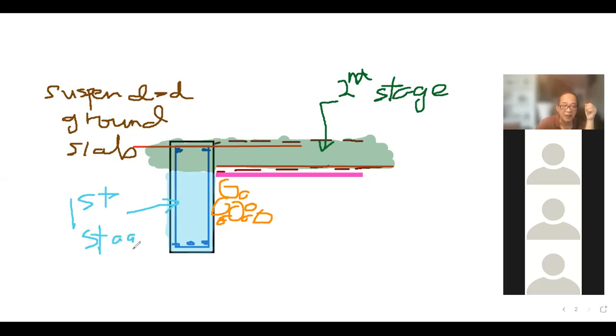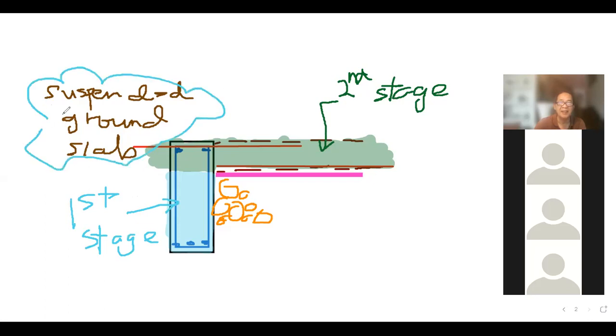Okay, this is now considered as a suspended ground slab, meaning that now whatever loading acting on the ground slab, this loading will be transferred kepada ground beam, and then the ground beam will transfer the load for the foundation, and foundation will support the load.